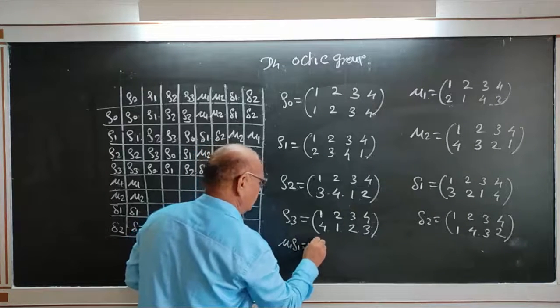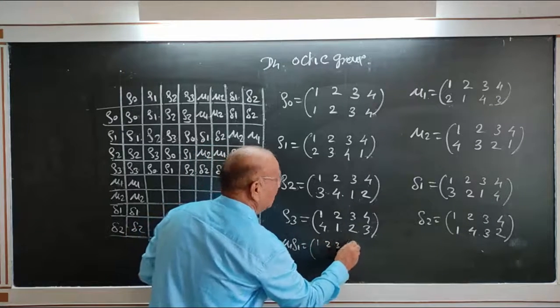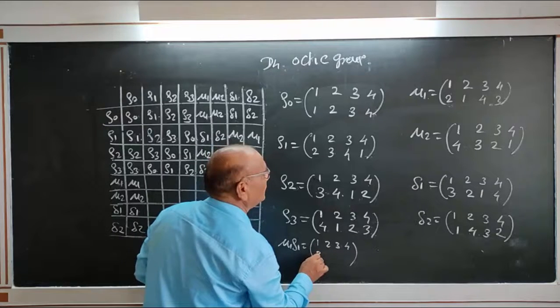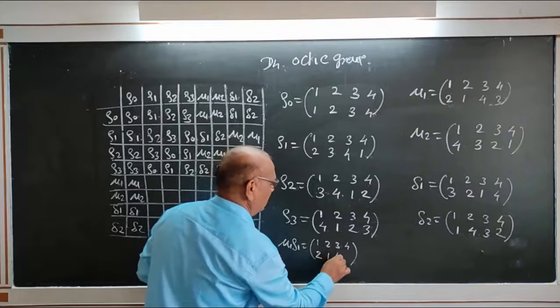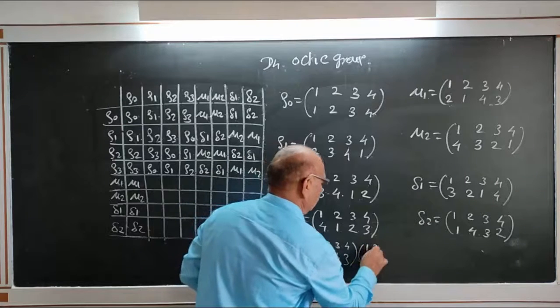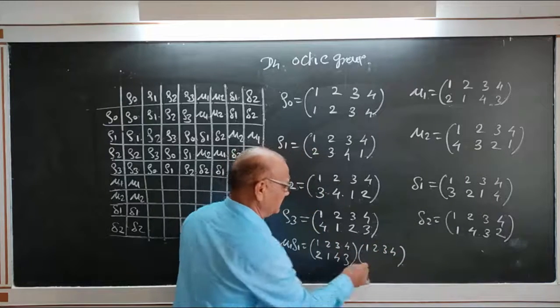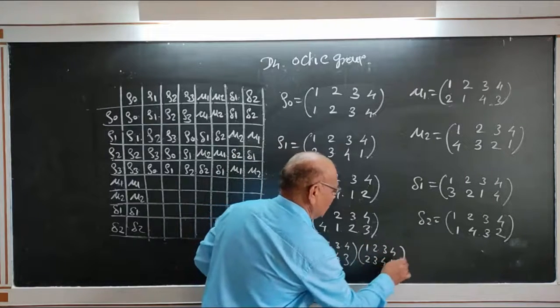So now mu 1 into row 1. Mu 1 is 1, 2, 3, 4, 2, 1, 4, 3. Delta 1 is 2, 3, 4, 1.